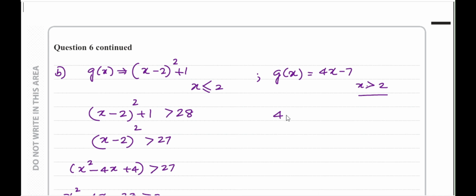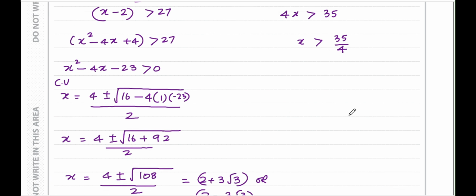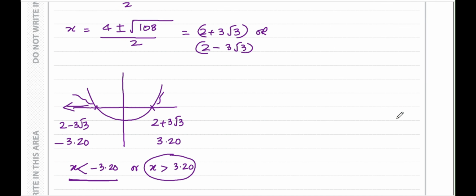That is, 4x minus 7 is greater than 28, which means 4x is greater than 35, or x should be greater than 35 over 4. Therefore, the valid values of x are x less than minus 3.20, which is actually 2 minus 3 square root of 3, or x greater than 35 over 4.